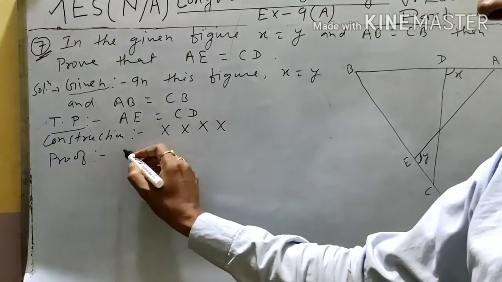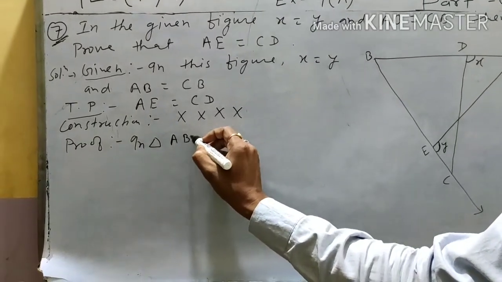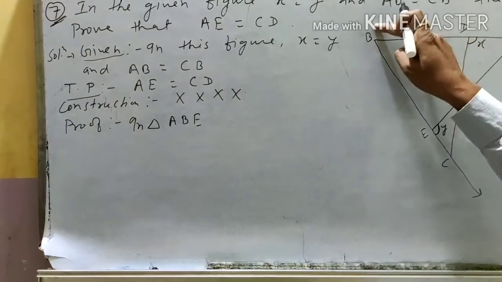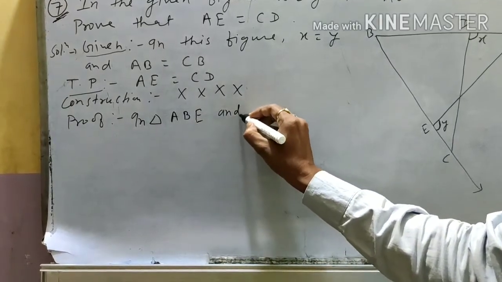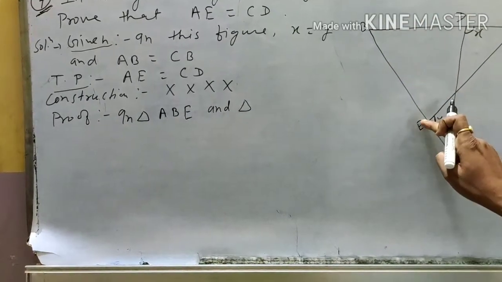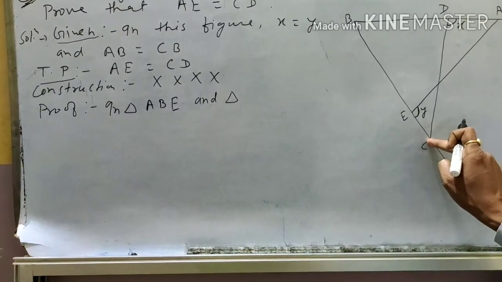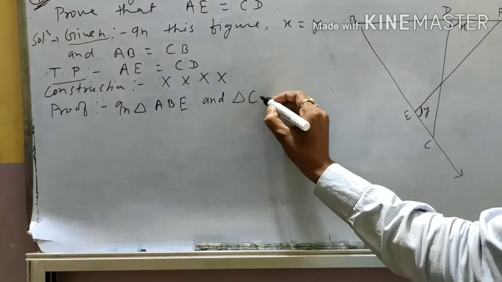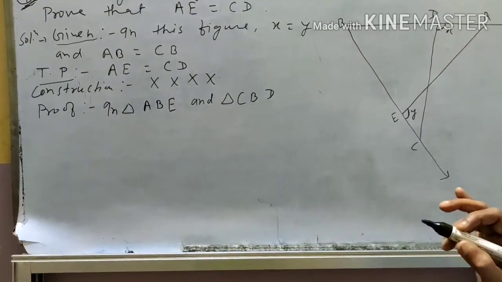Which triangles? In triangle ABE and triangle CBD.